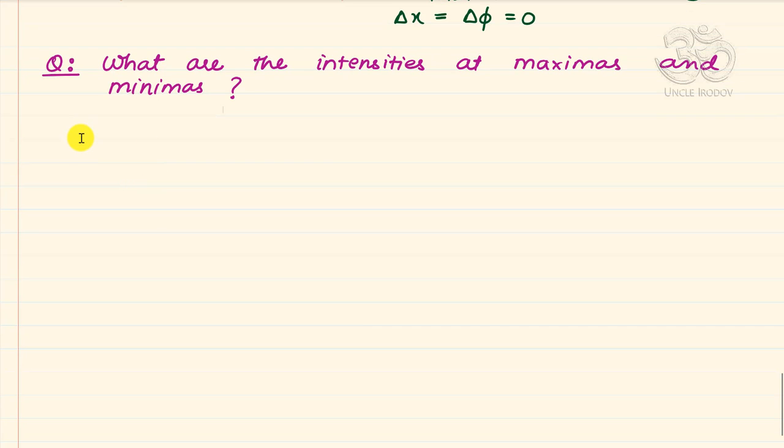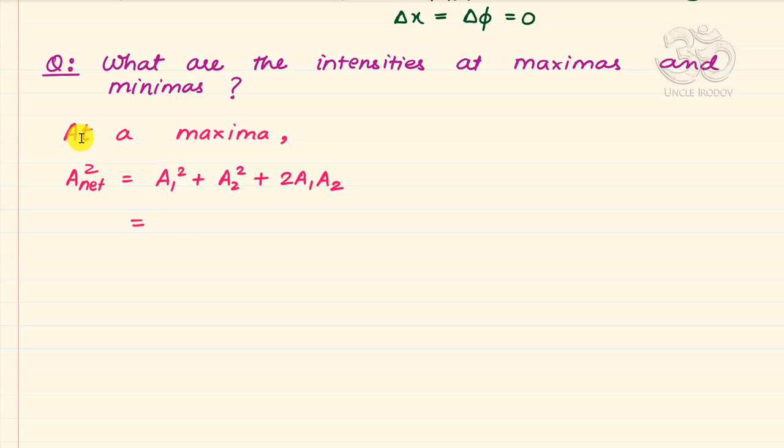So at a maxima, let me do that here on the left hand side. At a maxima, the net amplitude square is going to be a1 square plus a2 square plus 2a1 a2, because I will have cos of either 0 or 2 pi or 4 pi or 6 pi, something, and it will be 1.